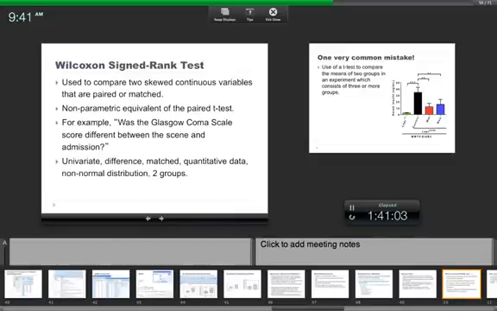And the Wilcoxon signed rank test compares two skewed continuous variables that are paired or matched. For example, one question would be: was the Glasgow Coma Scale score different between the scene and the admission? The Glasgow Coma Scale is a score that evaluates how unconscious the patient is. And the scene refers to the scene of, for example, a motor vehicle accident.